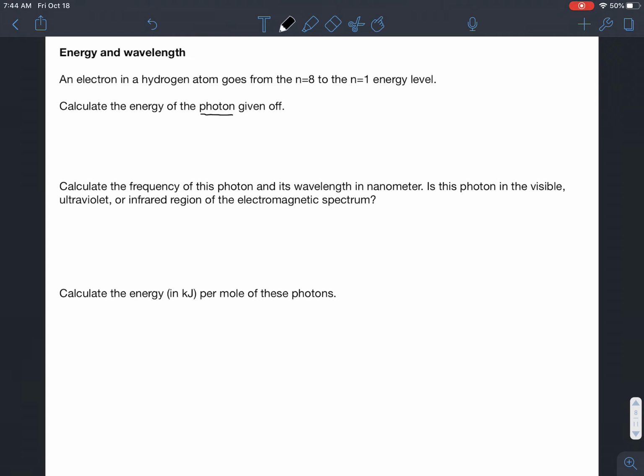So first, we know that we can find the energy of an electron transition through the following equation. Delta E, I'm going to write the little e sign because that's my electron transition energy, is equal to negative 2.18 times 10 to the negative 18 joules times 1 over the final energy level squared minus 1 over the initial energy level squared.